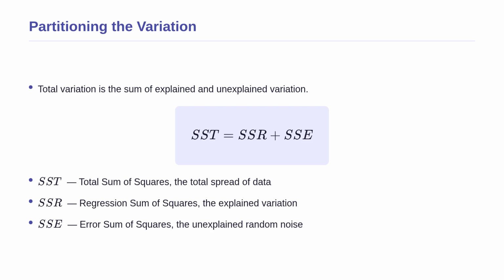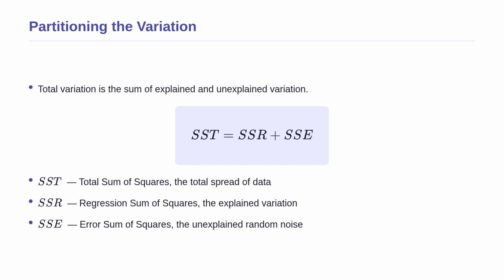This brings us to the fundamental equation for partitioning variation. Conceptually, this formula simply states that the total spread of our data is the sum of what we can explain and what we cannot. Let us look at the symbols. SST stands for the total sum of squares, which is the total spread of the target variable.